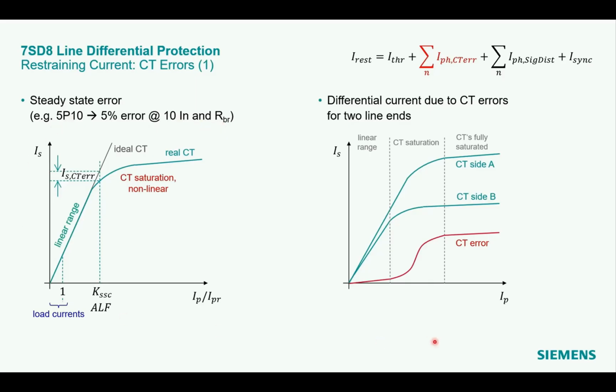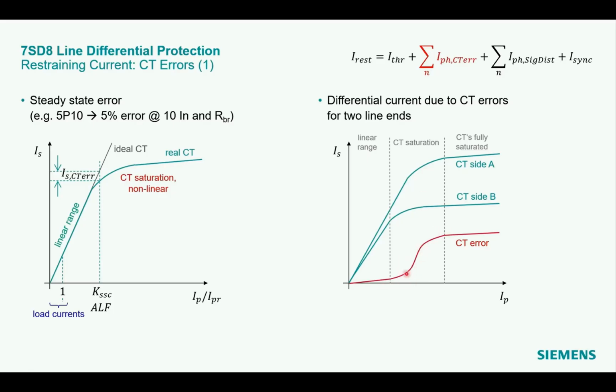On the right-hand side, the characteristic of two CTs is shown, CT A and CT B. The CTs are slightly different in their linear range. You see a difference in the slope. And also the saturation starts earlier in the CT on side B compared to side A. For the same primary current, we measure and calculate a differential current.